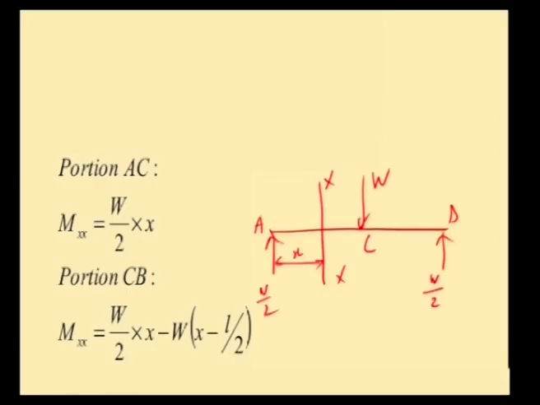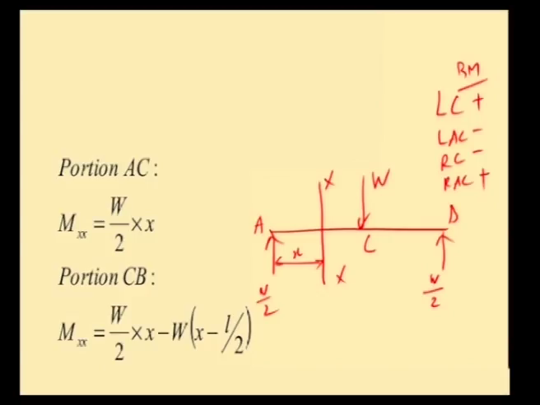Left clockwise being positive, we have the sign convention: left clockwise, left anticlockwise, right clockwise and right anticlockwise, plus, minus, minus, plus. This is the bending moment sign convention. So, on the left we have W by 2, distance is x, W by 2 into x produces a clockwise moment, left clockwise being positive. The M xx in portion A C is W by 2 into x.